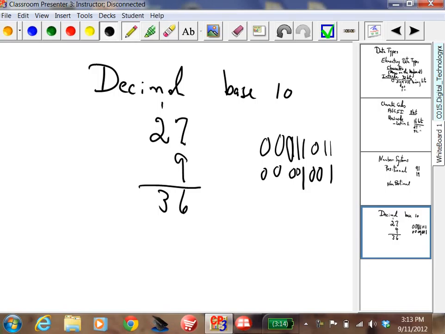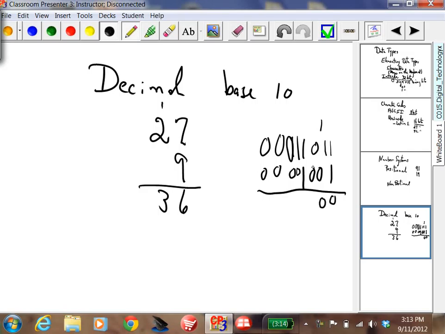You can add in binary? Oh, let me show you how to add in binary. So 1 plus 1 is what? 2, right? 1 plus 1 is 2. That's 0 with a carry of 1. 1 plus 1 plus 0 is 2.